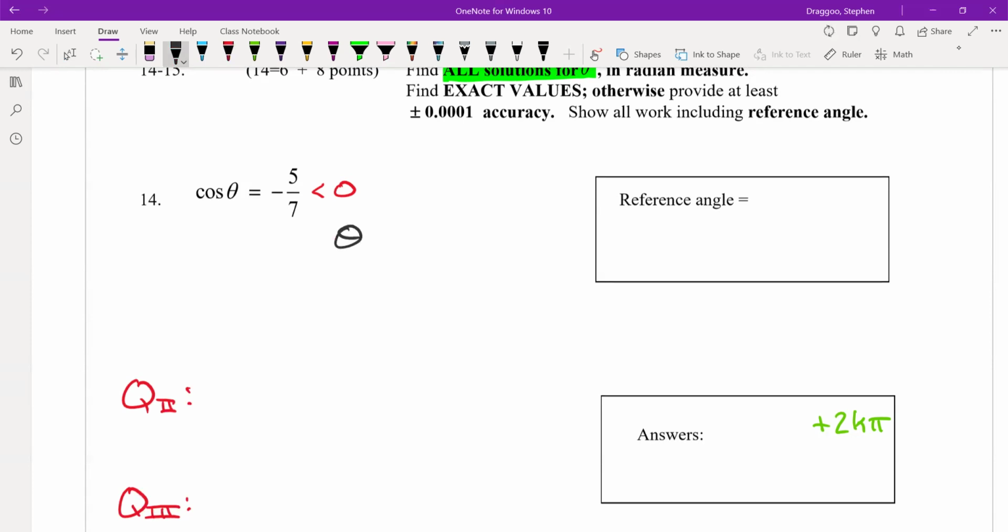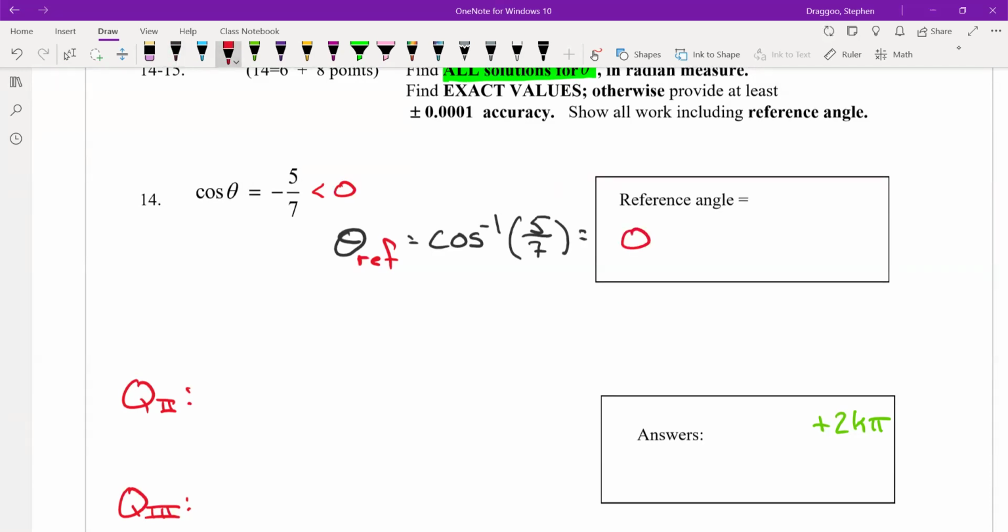So to get that reference angle, I want to use a cosine inverse function. And here I'm specifically going to be doing the cosine inverse of +5/7, since the reference angle always should come out in the first quadrant, so I should always be taking an inverse function of a positive value. So the cosine inverse of 5/7.